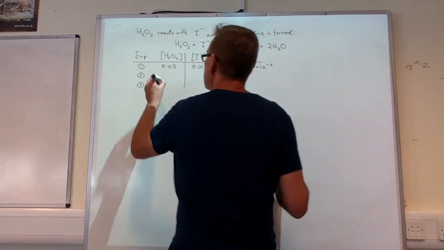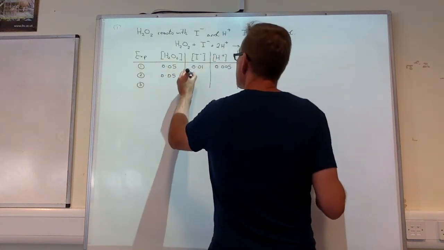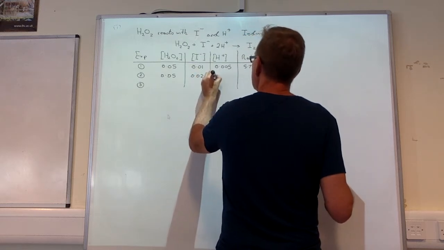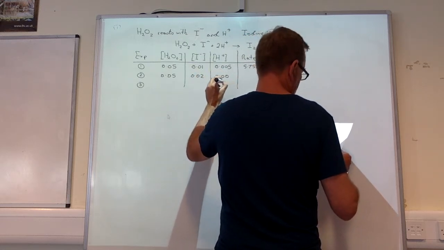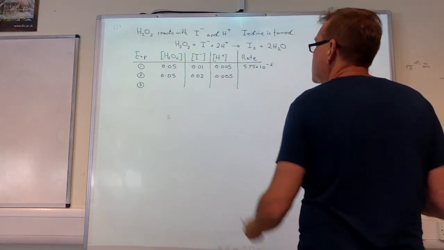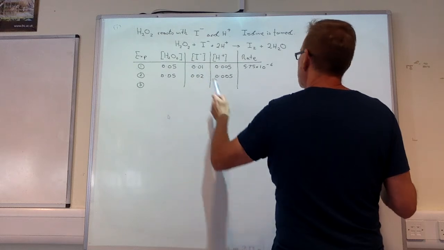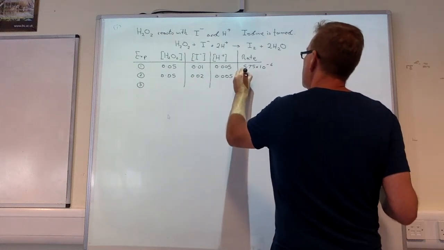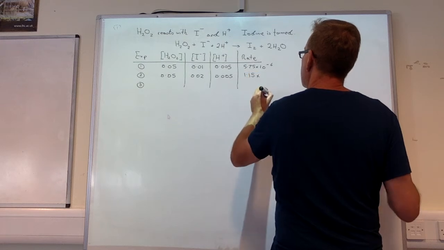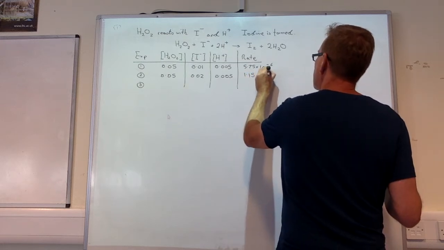Number 2, 0.05, 0.02, 0.005. Okay, so kept that the same, doubled that. What about our equation? 1.15 times 10 to the minus 5.